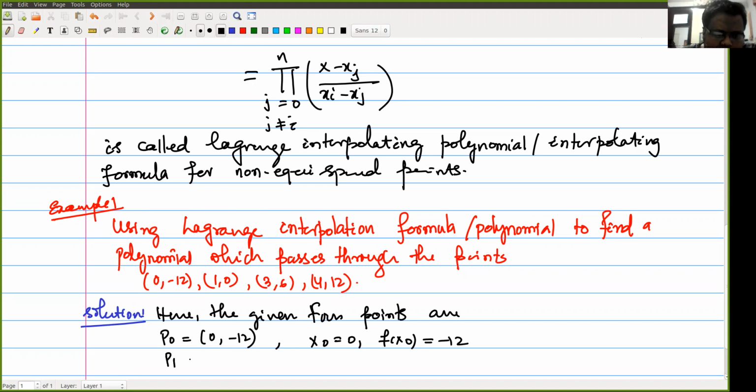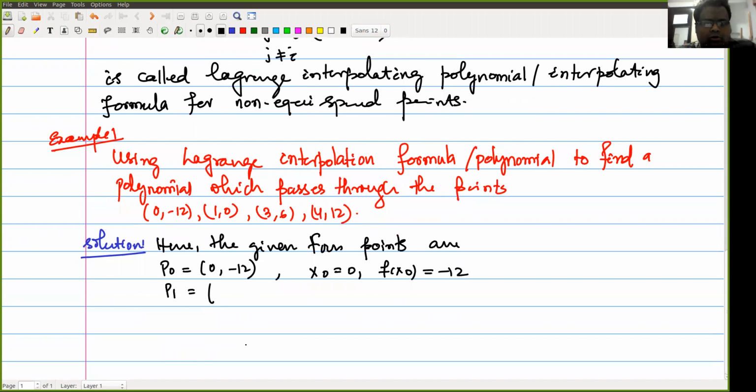P1 is 1 comma 0, P2 is 3 comma 6, P3 is 4 comma 12.